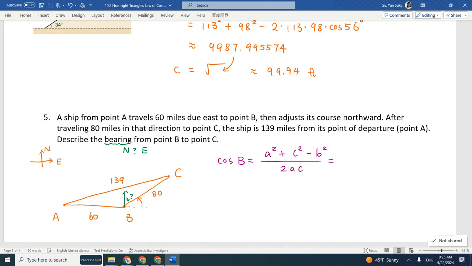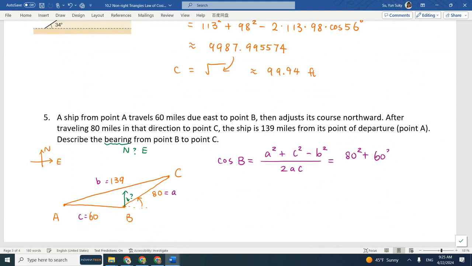Okay, A, what is A? Oh, let's label them. So this is C, this is B, and this is A. Okay, everybody? The side is always opposite to an angle. This is how we label them. So what is A? 80 squared.